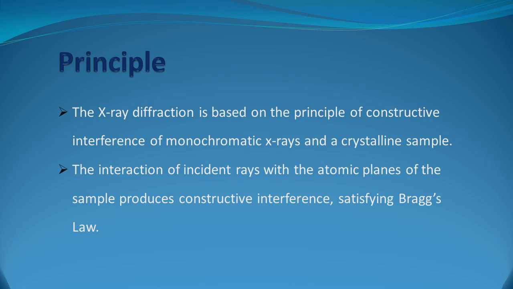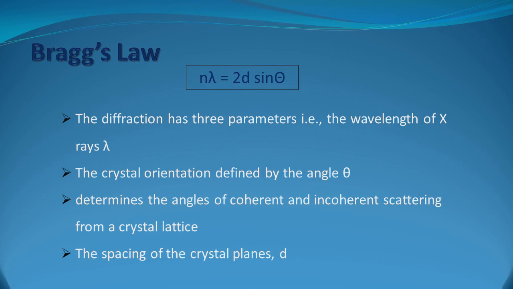So the basic principle is constructive interference, the interaction of the source X-rays with the atomic planes, and it is very important for the constructive interference to satisfy Bragg's law. We know that Bragg's law is fundamental for this diffraction phenomenon.